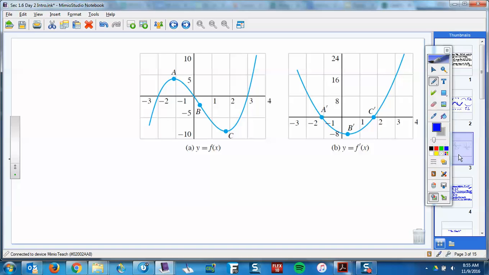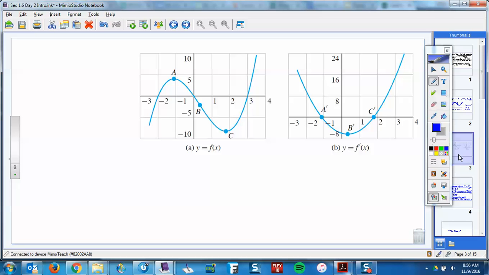But this is negative just to the left of the y-axis, so it's going down until the x-axis. This one's going down way over here to the left. So yeah, that looks like that.